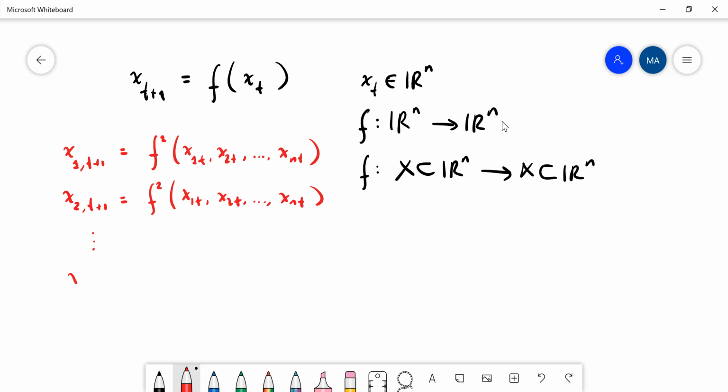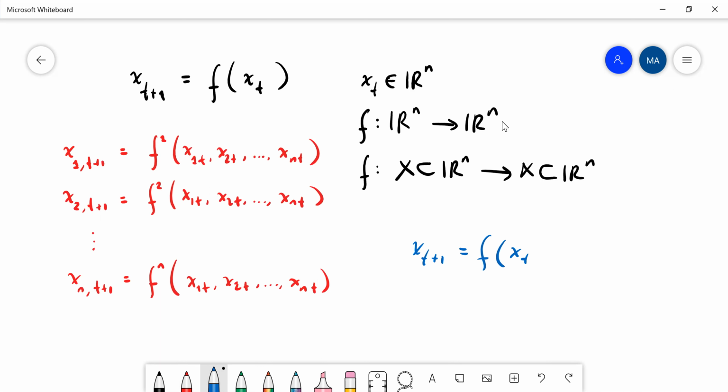And that goes on. At the end, I have xn,t+1 equals fn(x1t, x2t, ..., xnt). Right? So this is the general formulation.